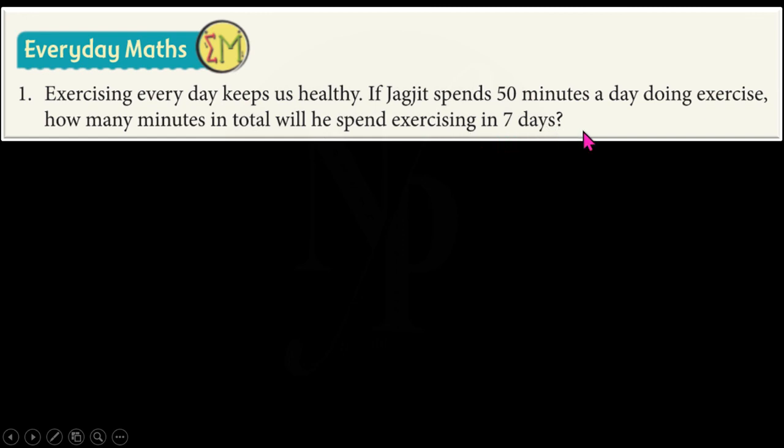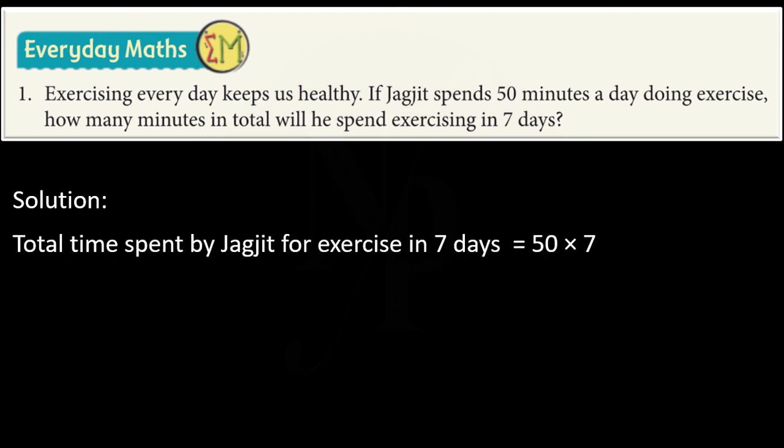Solution. Total time spent by Jagjit for exercise in 7 days is equal to 50 into 7, because he is spending 50 minutes every day for exercise, and in a week there are 7 days. So the time spent by him doing exercise for 7 days can be found by multiplying 50 by 7.